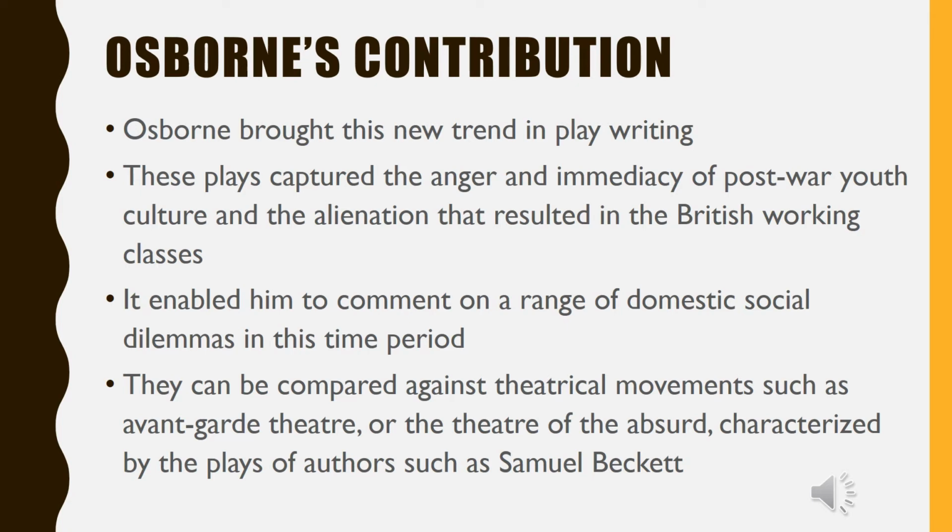And as a result of that, they suffered from identity crisis. They suffered from this sense of futility, sense of fragmentation, sense of alienation. And this actually happened to the people belonging to the British working class. It enabled Osborne to comment, therefore, on a range of domestic social dilemmas in this time period.